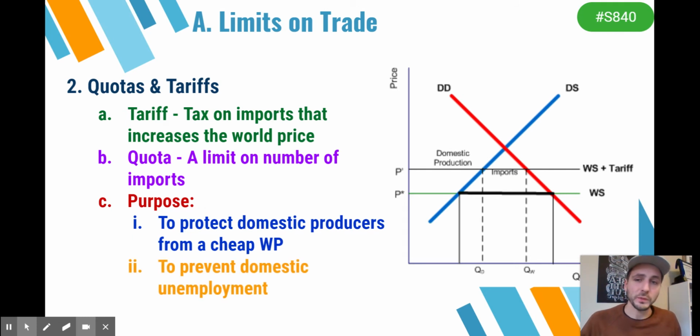And the other thing that they're doing this for is they want to ramp up employment. You might have heard of people losing their jobs to other nations. You might have heard of our industry, for example, our steel industry completely disappearing, but being enormous in China. Those types of things are caused by world prices that undercut our domestic prices.